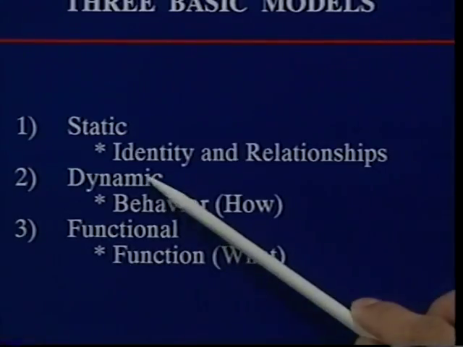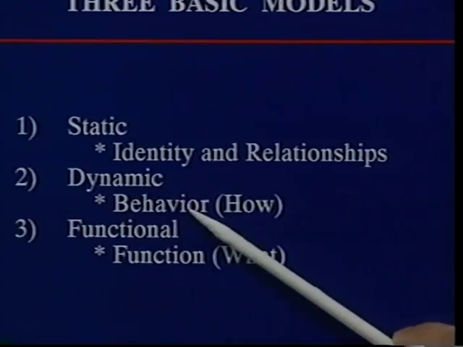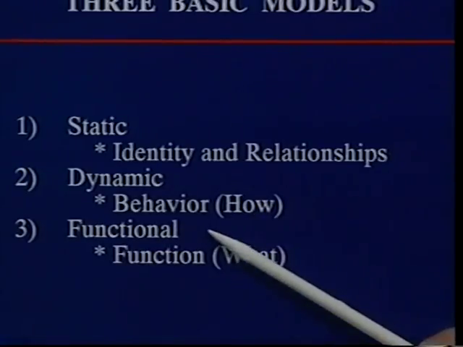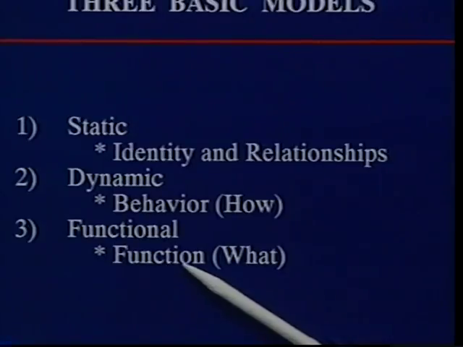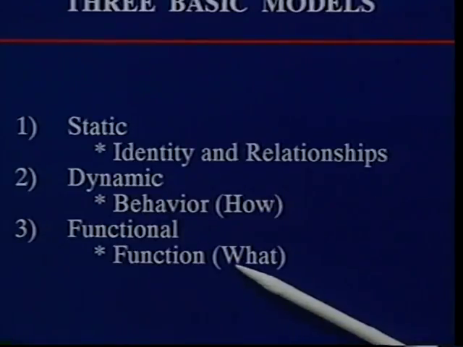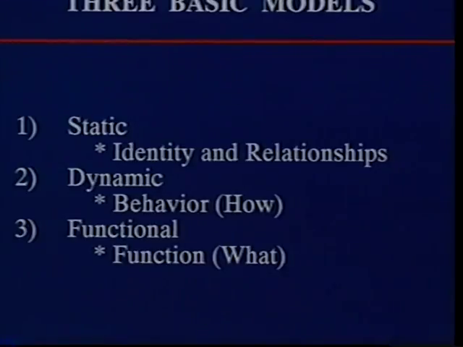Then we have the dynamic model, which describes the behavior, and the behavior is how an object reacts to the external world. Finally, we have the functional model, where the function of a particular system is described. That means what the system does. So behavior is how, function is what, and we will describe these three models briefly in the following slides.